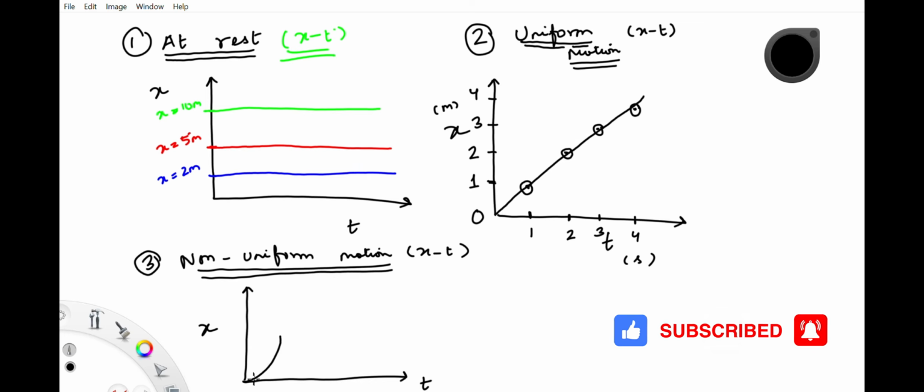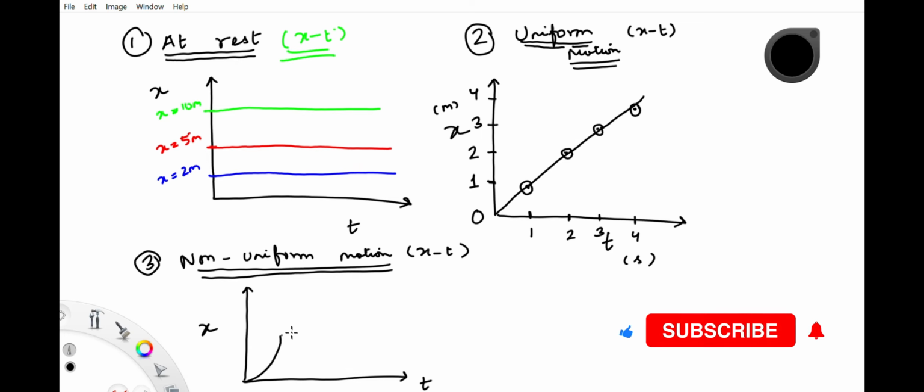So there is a non-uniform increase, then maybe in this interval the object is at rest, and again it increases, but it increases linearly.